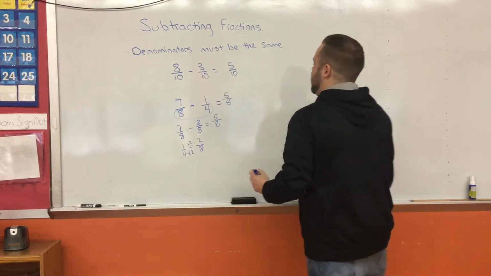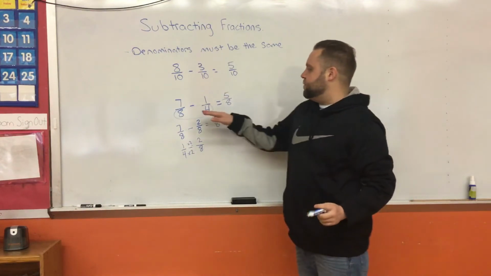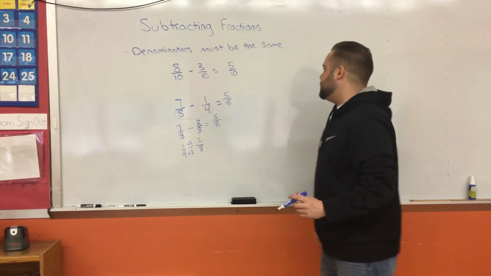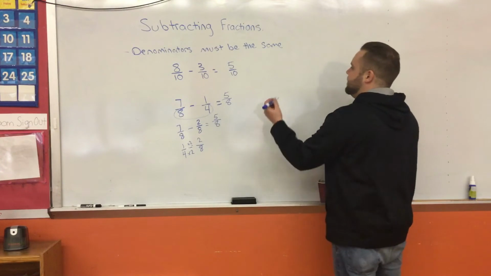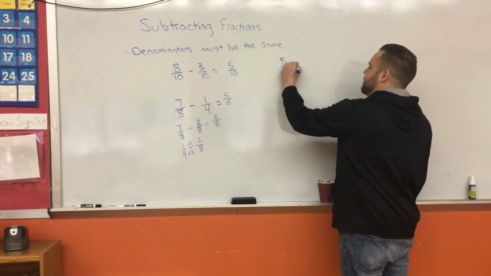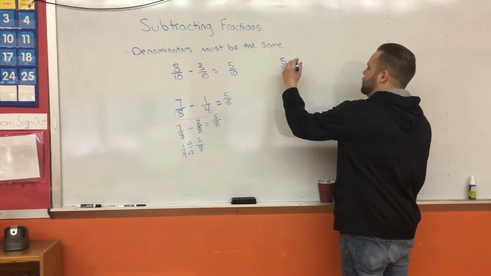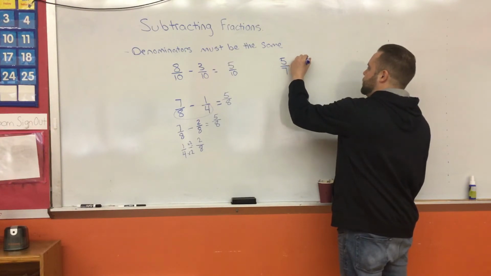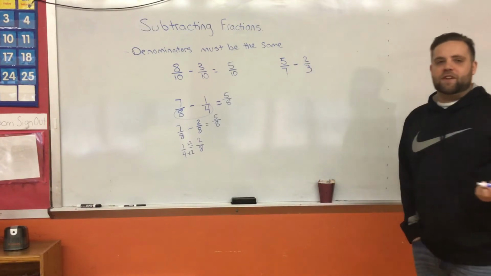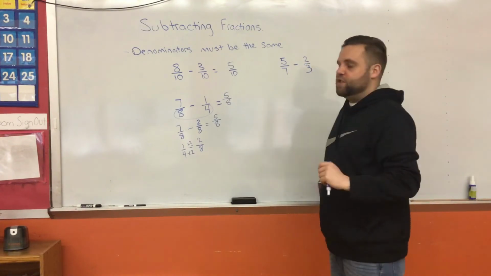One last example I want to show you. I showed you a subtraction problem that had denominators that had good working relationships. But what if I had something like this? Let's say 5/7 minus 2/3. I don't have any numbers there that have that good working relationship.